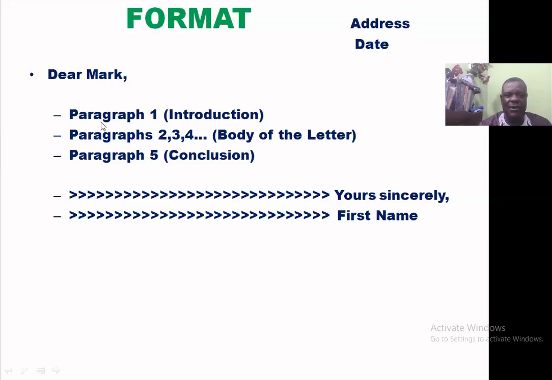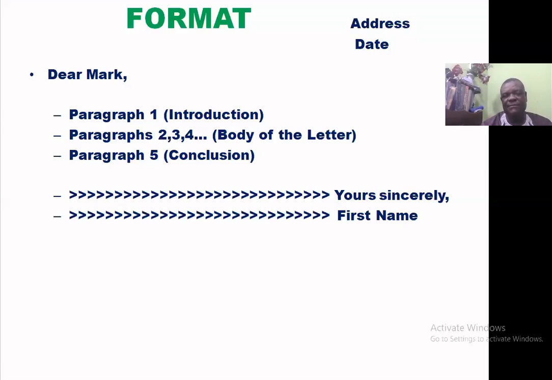Take note that the body of your letter should contain at least 3 paragraphs: paragraph 2, paragraph 3, paragraph 4. And don't forget that each paragraph should discuss one major idea.